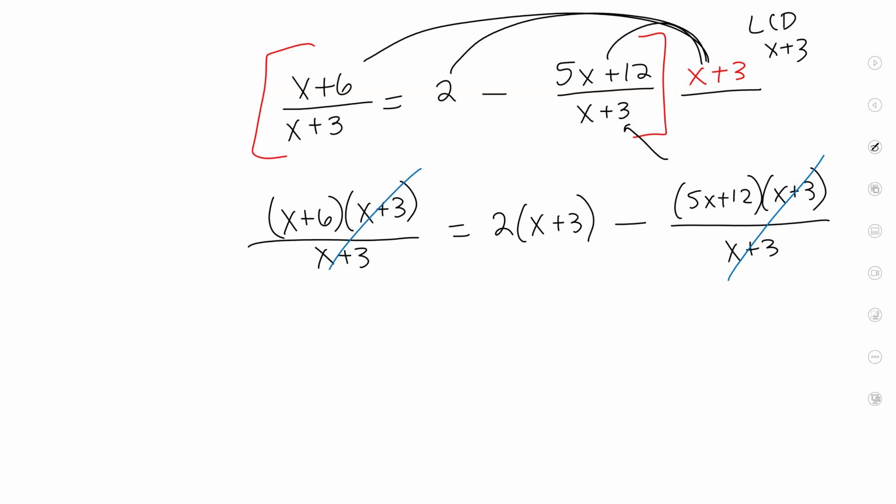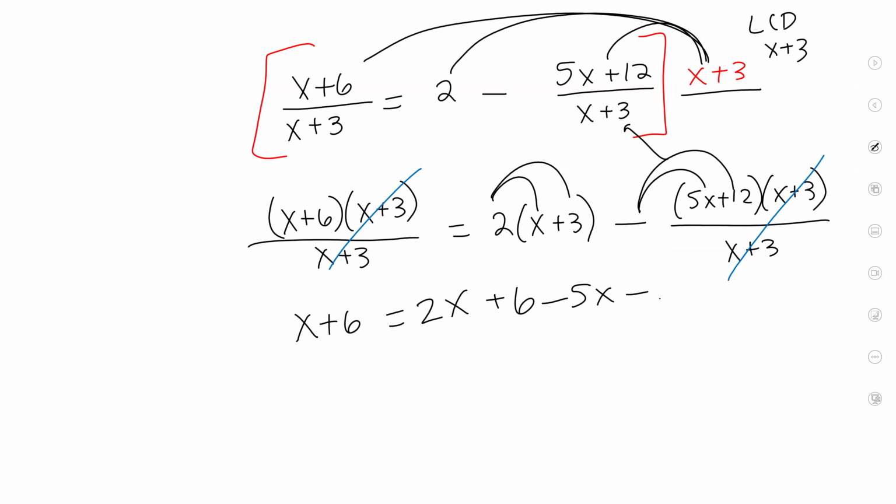You're left with x plus 6 equals 2x plus 6 minus 5x minus 12. Now you just need to solve it. Well, these 6's will cancel.